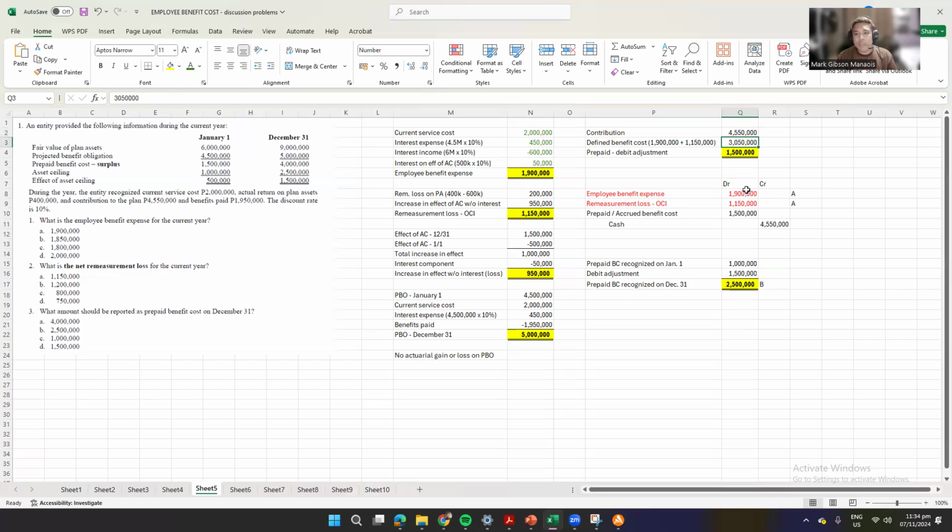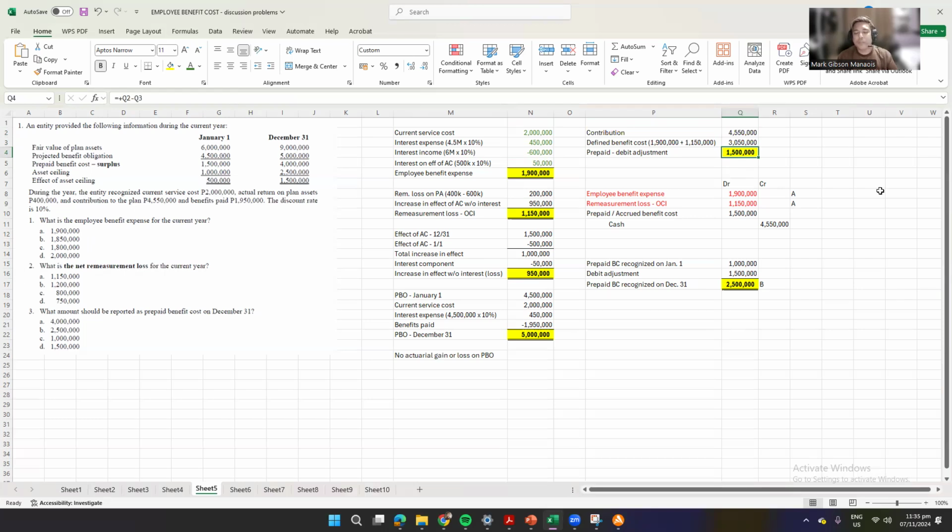So itong defined benefit cost, it's simply your 1,900,000 employee benefit expense plus the remeasurement loss of 1,150,000. So the 4,550,000 contribution, which is given in the problem, less the defined benefit cost. No? So in this case, we have a prepaid or debit adjustment of 1,500,000. So hindi pa tayo doon natatapos, class, kasi ang pinapakompute sa atin is the prepaid benefit costs at year end.